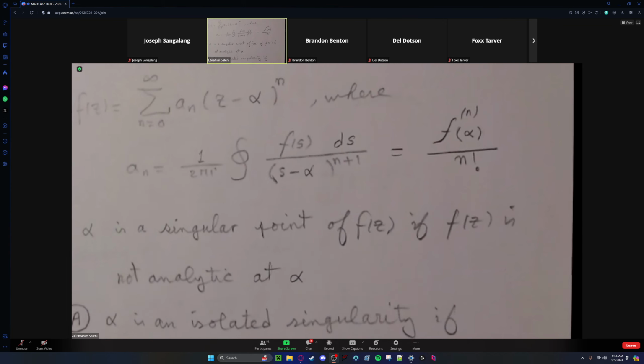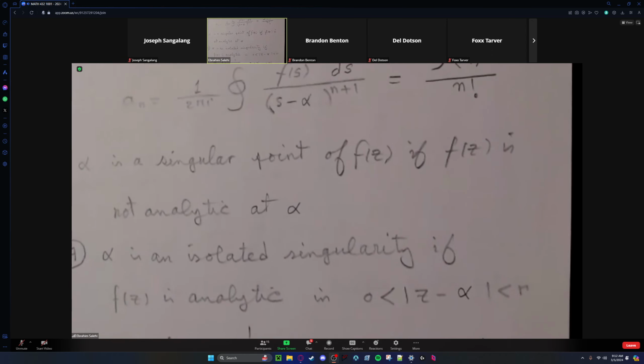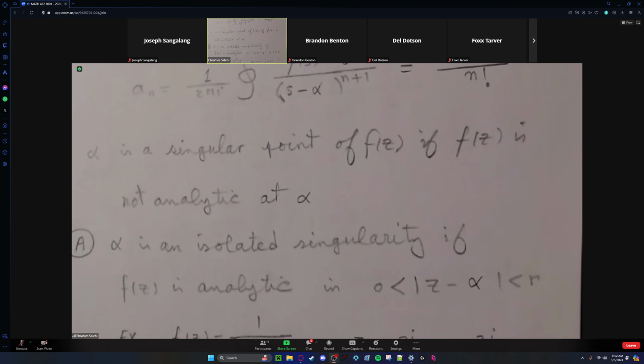That will be the Laurent series. Now, when alpha is a bad point, from this point on, we will call it a singularity. There are several types of those singularities.